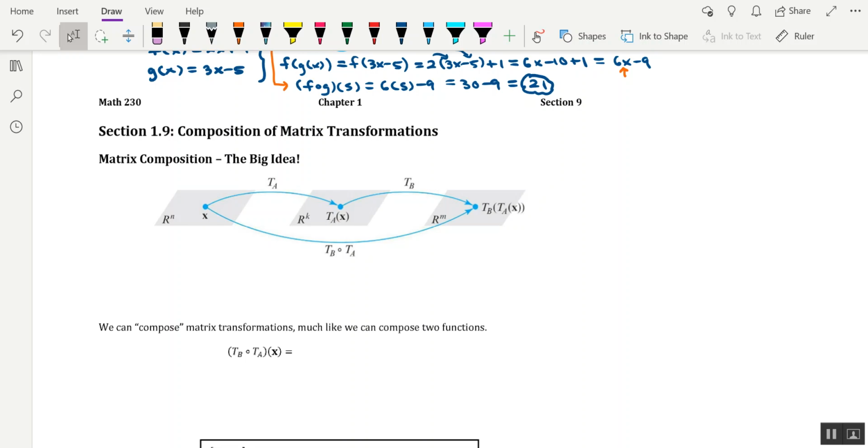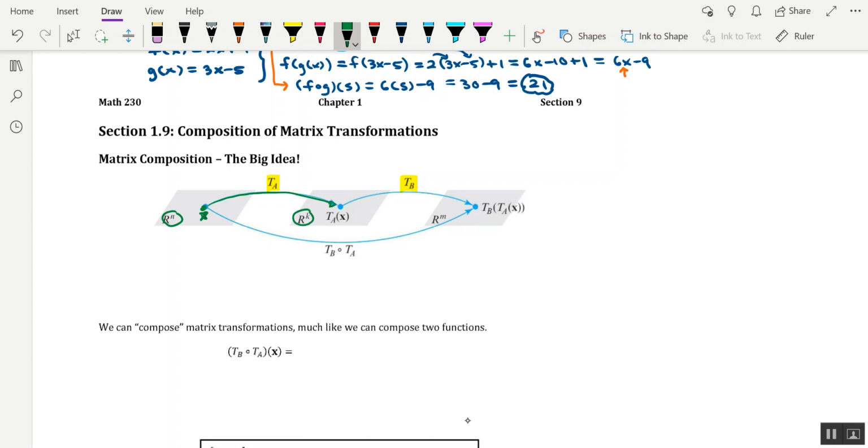Well, let's say that we have two matrix transformations indicated by capital T sub A and capital T sub B. We can take an input vector x and transform it using T sub A. And what T sub A will do is take this vector that's currently in n space and perhaps ship it to a vector that's in k space.